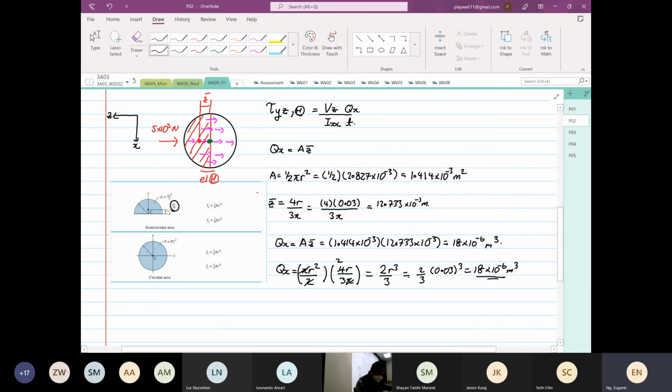So from here, we can calculate our shear stress YZ at point H. Now this is due to the shear force.